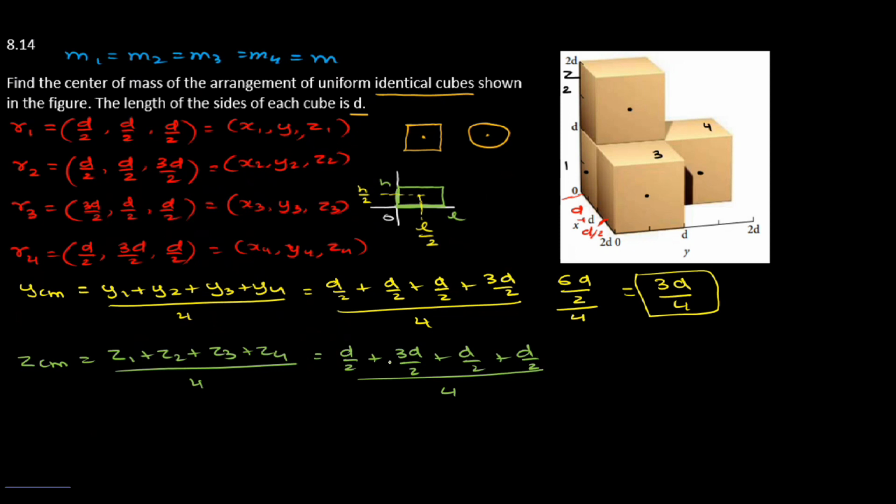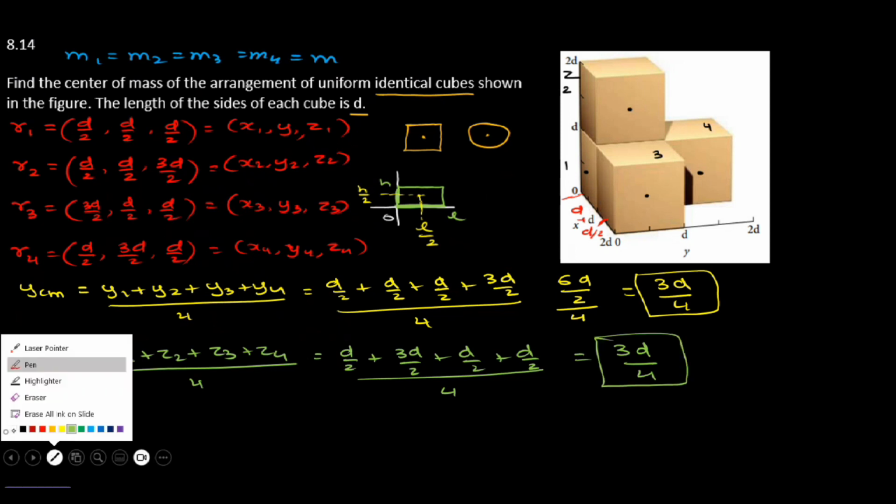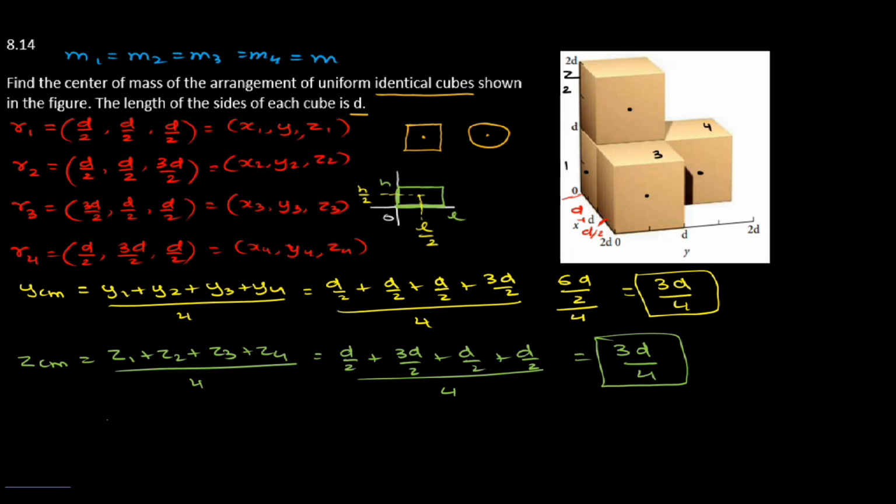They are just written in a different order. So my answer for z coordinate will also be the same, 3d by 4. So I can write the position of center of mass for the entire system R as 3d by 4, 3d by 4, and 3d by 4. This is your final answer.